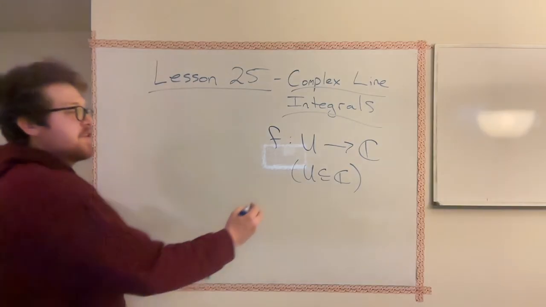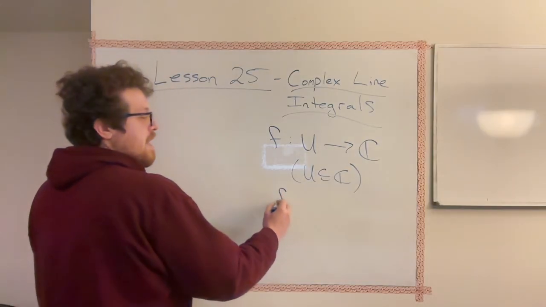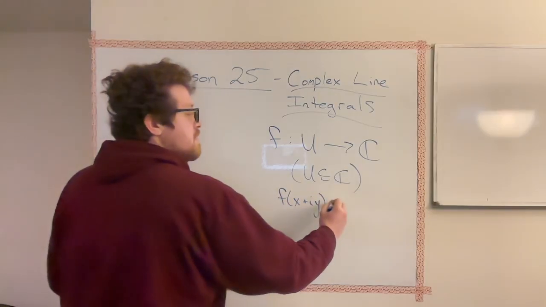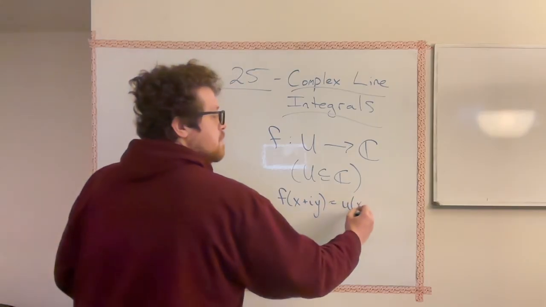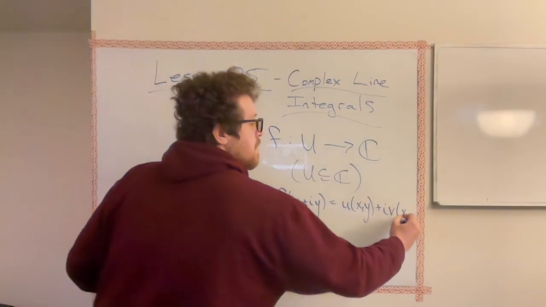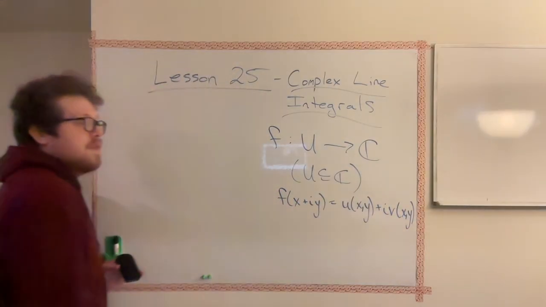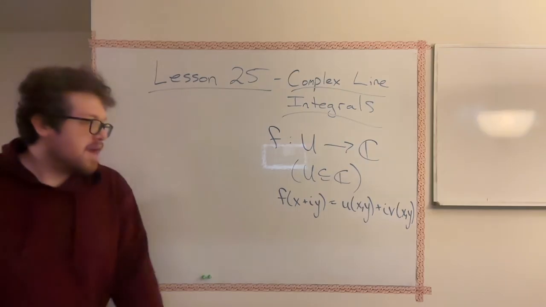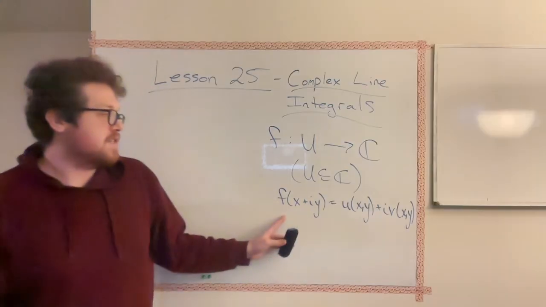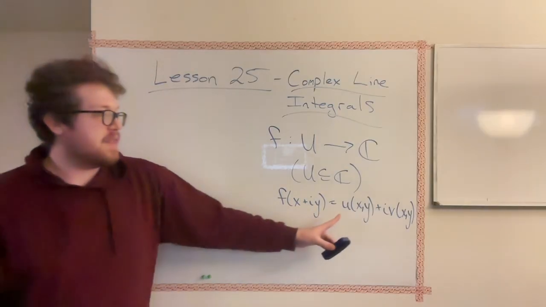So we said the function could be written as f of x plus iy equals some u function of x, y, plus i times some v function of x and y. This is essentially restating what it means to be a complex function. It's a function of two variables and the output is two-dimensional.